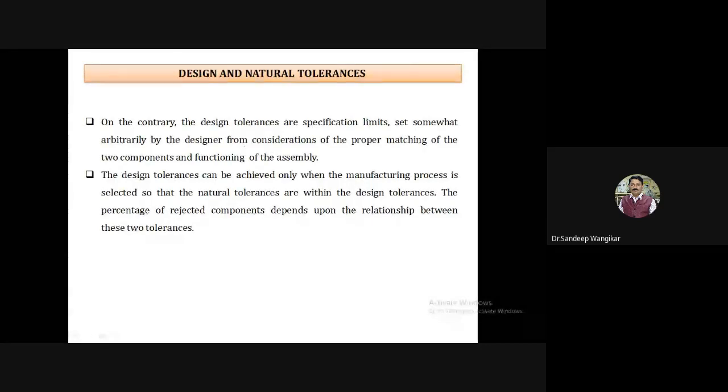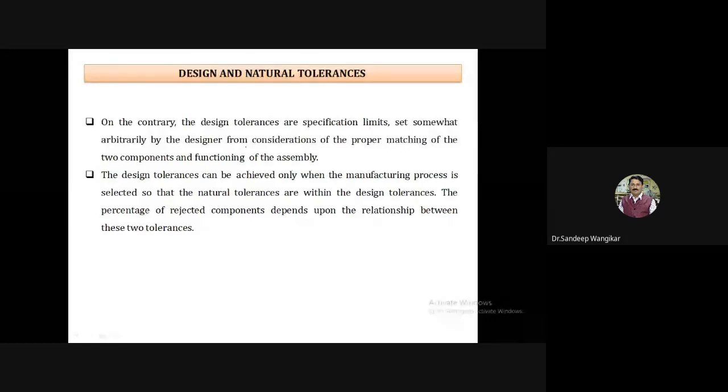It depends upon the manufacturing process also. The percentage of rejected components depends upon the relationship between these two tolerances.